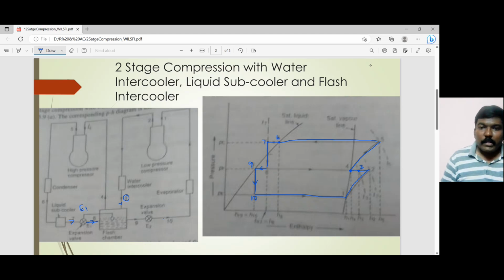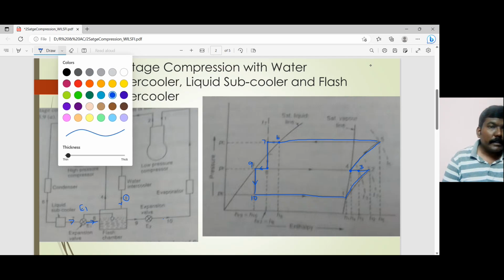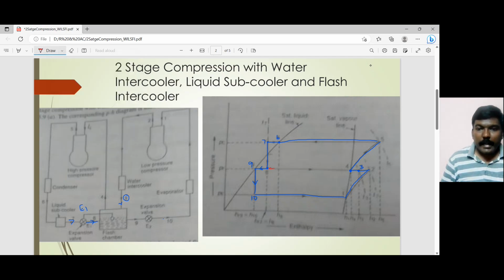So if you look at here, from 7 to 8, I have mentioned that from 8 you are going to 9 in the flash chamber, and that part of the refrigerant is taken back to the evaporator. But there is also another branch over here. So let me show that with another color. There is another branch that leaves 8 and goes to 4.